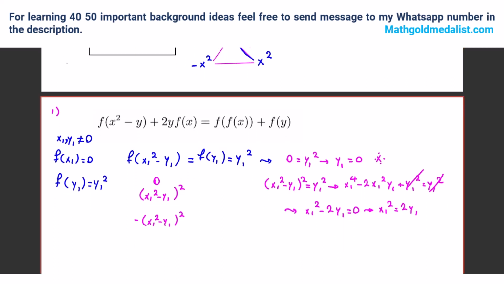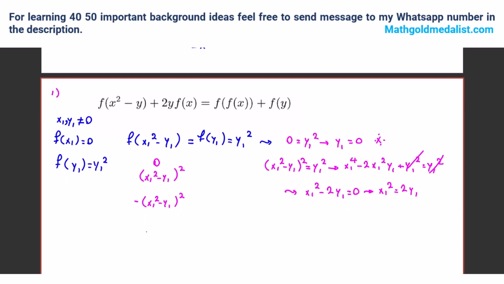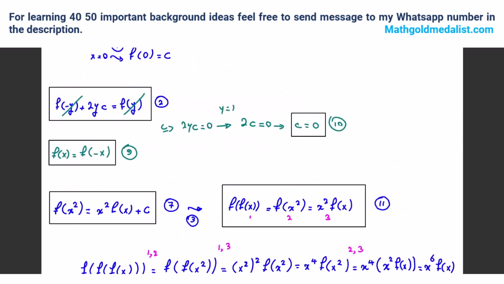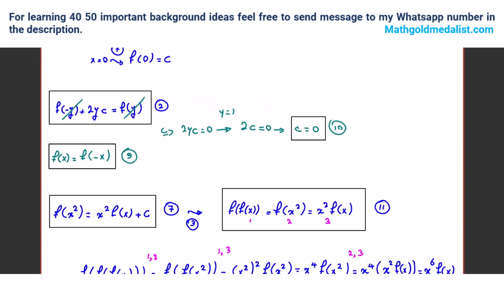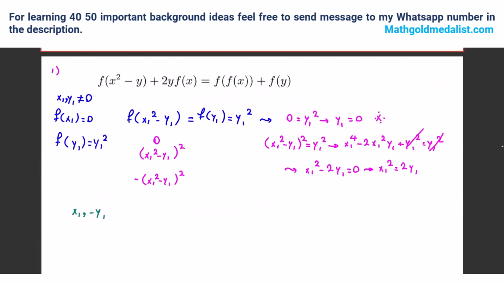Now, in the next step, we can say what? We can consider x1 and negative y1, because we know f of negative y1 is equal to f of y1. We proved this in result number 9. Now, if we consider this part, f of x1 squared plus y1, again, this part is 0, because f of x1 is 0, this one 0, f of y1, f of negative y1, which is f of y1, y1 squared.